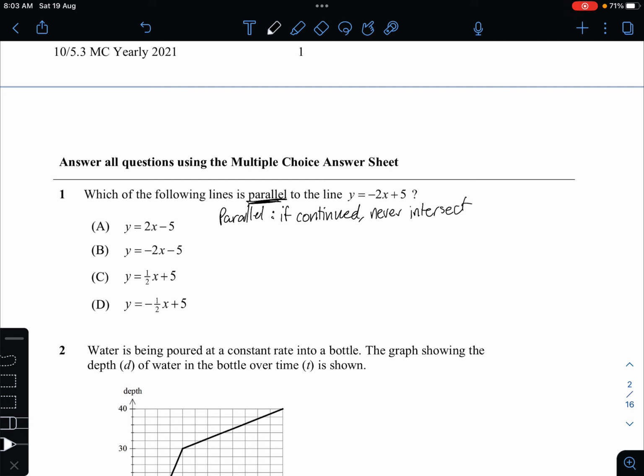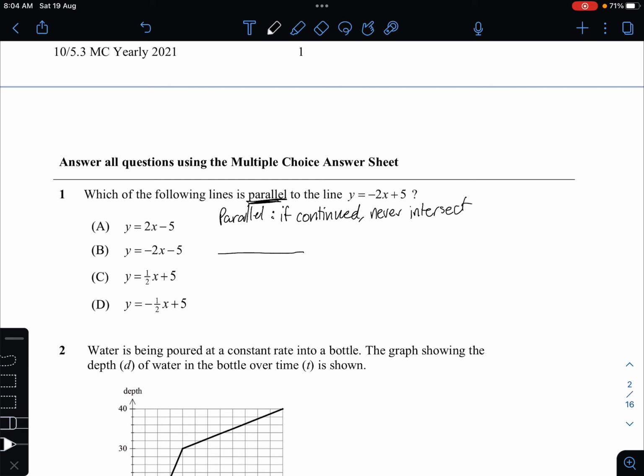Right? So, if you think about it, if you have a line here and a line here, they don't intersect with each other, but if you continue them forever along both sides, well, this end might not intersect, this one does right here, which means that these two lines are not parallel.